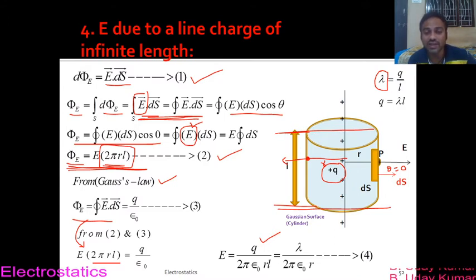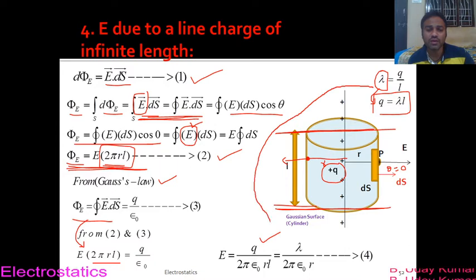If I take this element of this line charge, within this length the total charge present is q, right? So lambda will be equal to q by L. From this formula I can write q is equal to lambda times L. If I substitute this in this equation, there is q in the numerator and L in the denominator, so in place of q by L I can replace it with lambda.